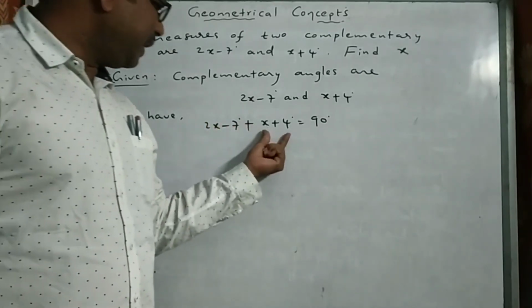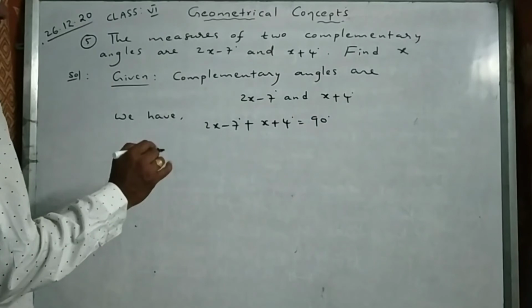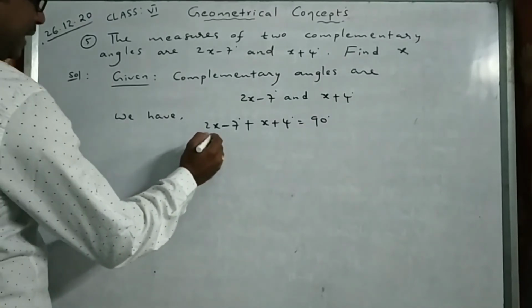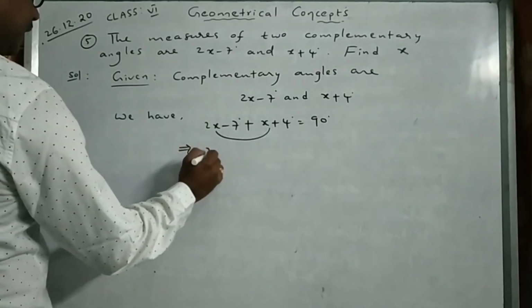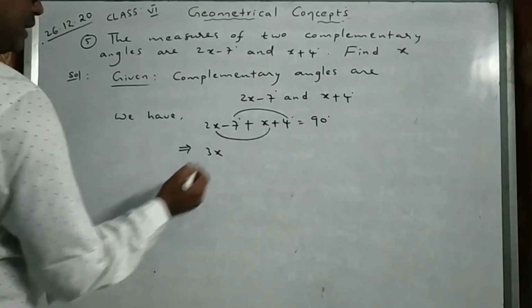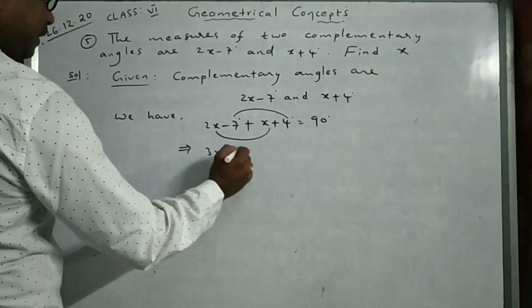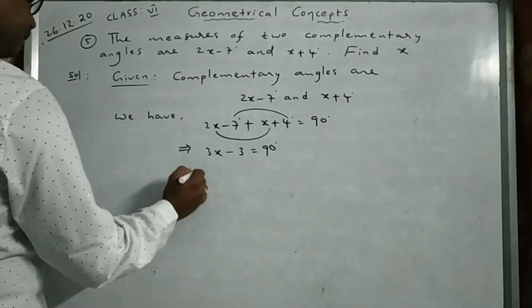If their sum is 90 degrees. So 2x plus 1x will be 3x, and 7 minus 4. Two different symbols are there, so subtract and write the bigger value's symbol: minus 3 equal to 90.